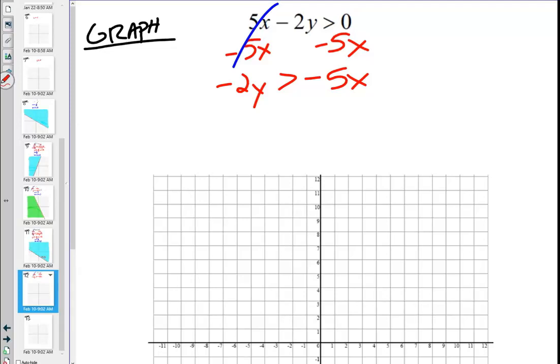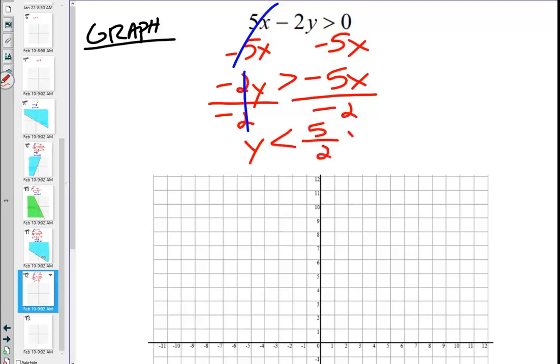Danielito, we want to get the y by itself. What's the last step? Divide by negative 2. Rob is very astute here. He sees that we divided by a negative, so he'll flip the inequality. So now the open end is facing the right.